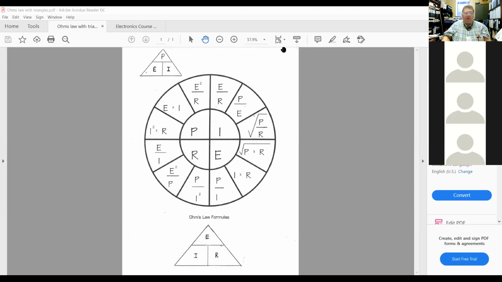Okay, does everybody agree with that? Yes, sir. You took the 240 volt divided by the 14.58 amps, and it gave you 16.46 what? What unit is that? Ohms. In ohms, exactly.